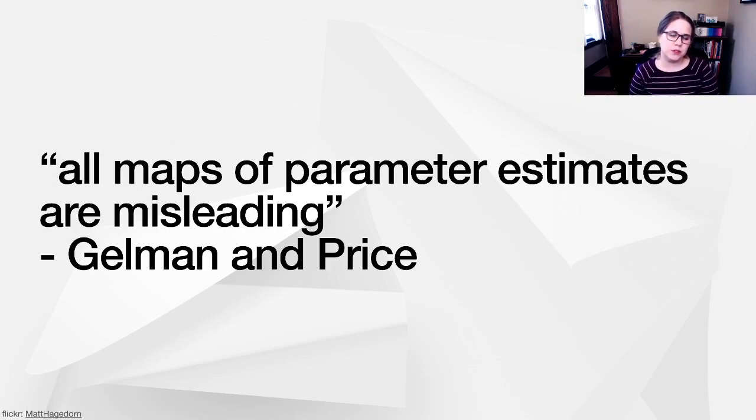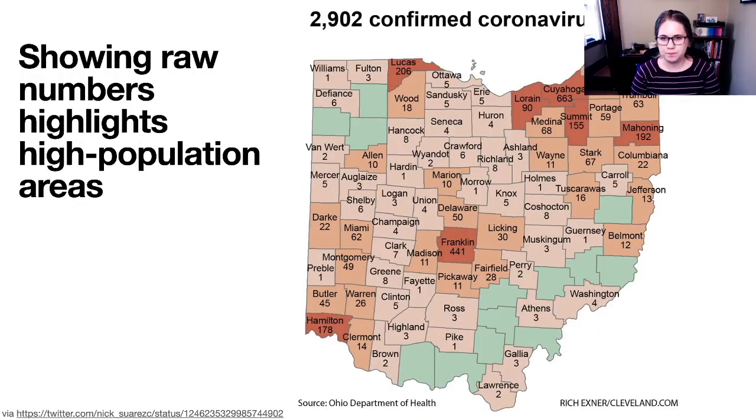And then this leads me to another thought about maps, and this is from a paper by Andrew Gelman and Phillip Price, and it's called All Maps of Parameter Estimates Are Misleading. And I talk about that in the other talk, but I wanted to give another perhaps more relevant example related to COVID. So here is what they mean when they say that all maps of parameter estimates are misleading.